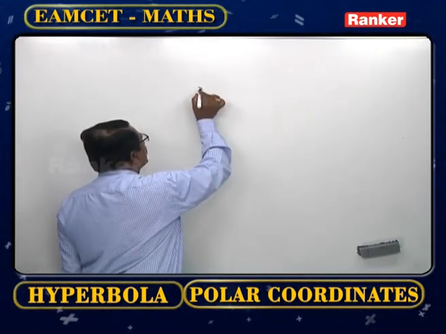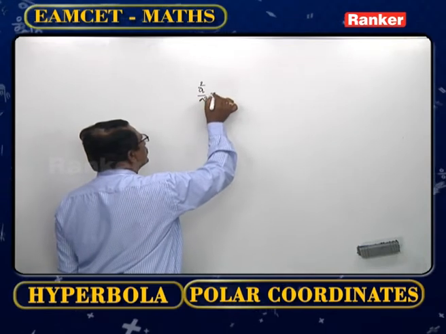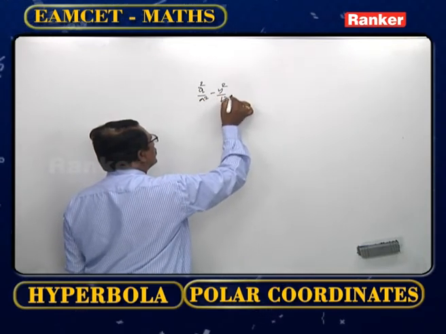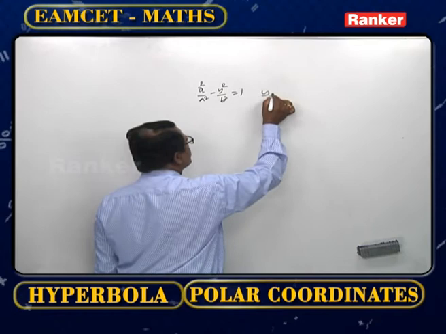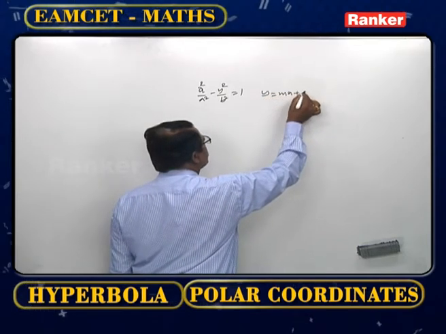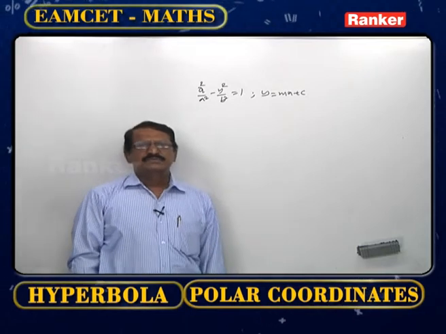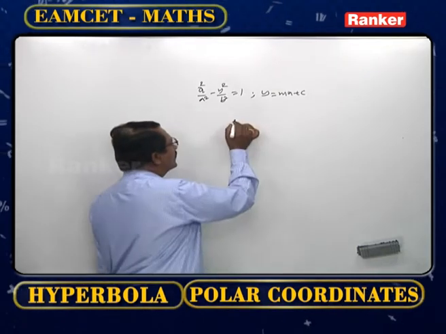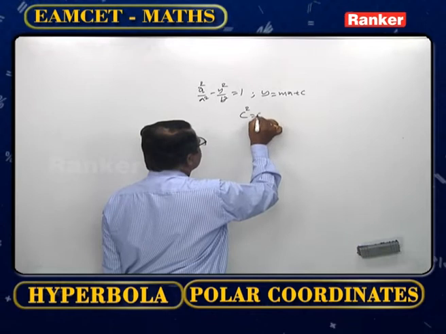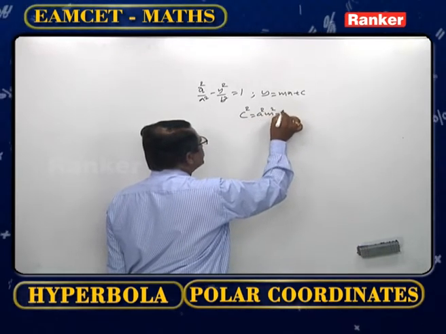Next, suppose the hyperbola equation is x square by a square minus y square by b square equals to 1. If y equals to mx plus c is a tangent to the hyperbola, then the condition is c square equals to a square m square minus b square.